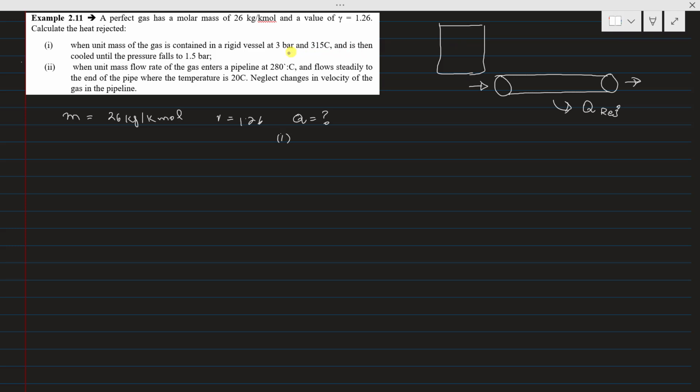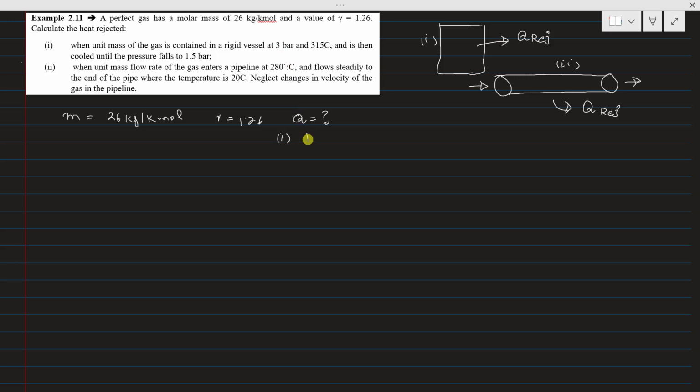Its pressure is reduced from 3 bar to 1.5 bar, and correspondingly its temperature also drops. Then we need to find the heat rejected from this vessel. This is for case 1 and this is for case 2. I hope you understand. If you are still confused, you can ask in the comment section.